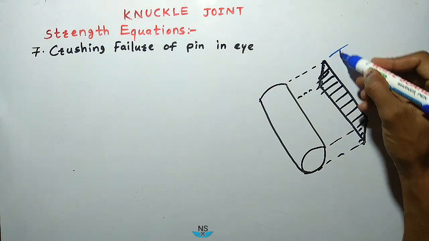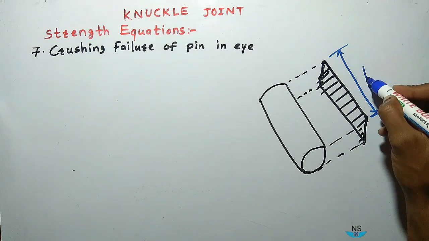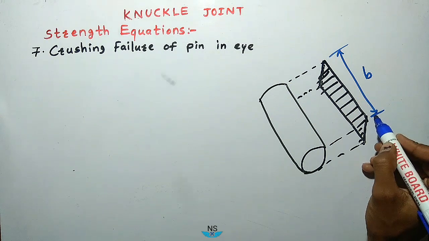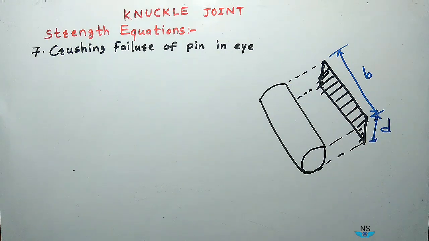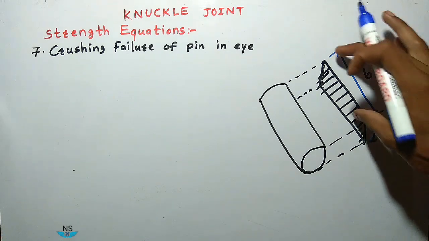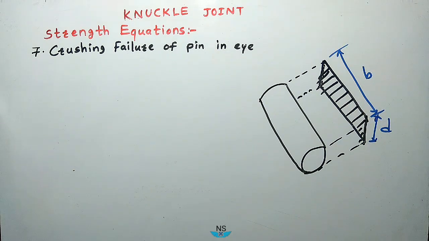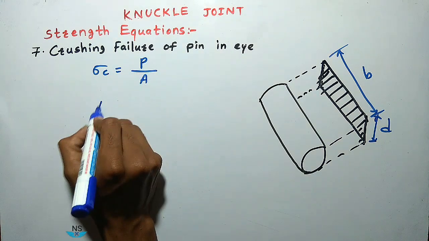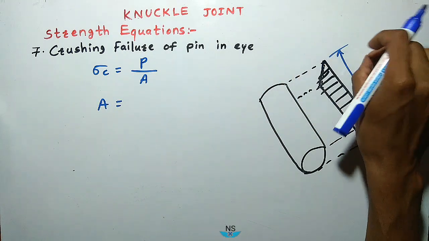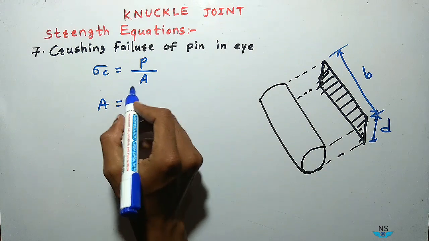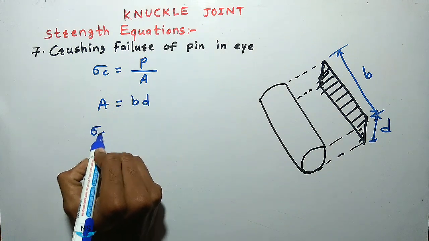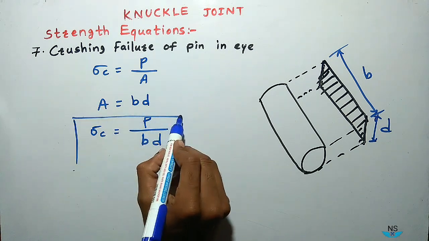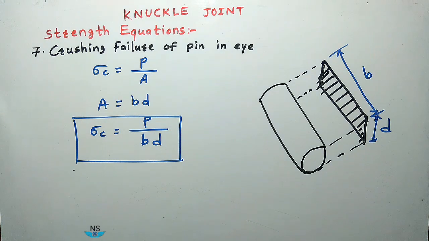Now this is the thickness of eye, B. This is pin in eye. So thickness of eye is B, and this is diameter of pin, D. So area of failure is B into D. The crushing failure is there. So sigma C is equal to P divided by A. So A is equal to B into D. So sigma C is equal to P divided by B D. So this is the seventh strength equation in knuckle joint.